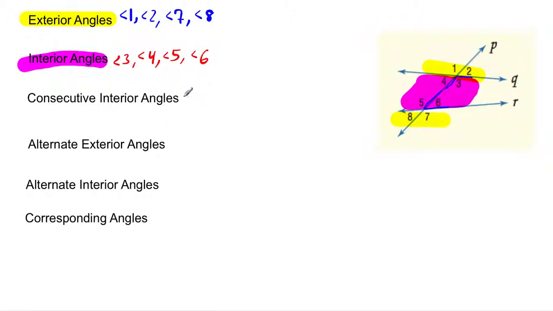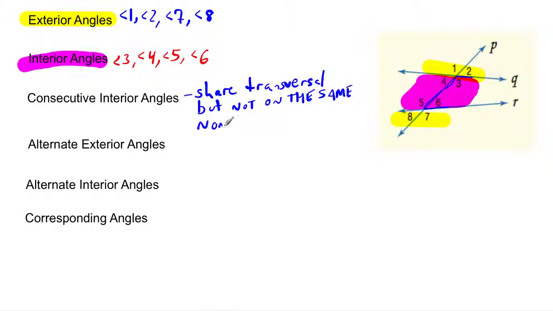So consecutive interior angles share the transversal, but are not on the same non-transversal.